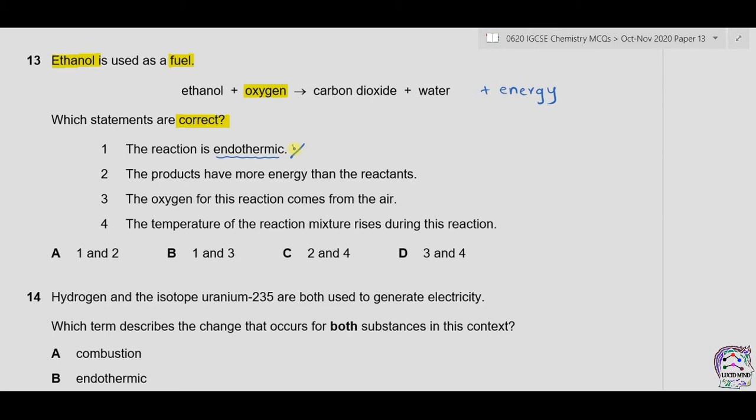So 1 is incorrect. 2, the products have more energy than the reactants. As this is an exothermic reaction, not an endothermic one, the energy of the products will be lower than the reactants. So 2 is also incorrect.